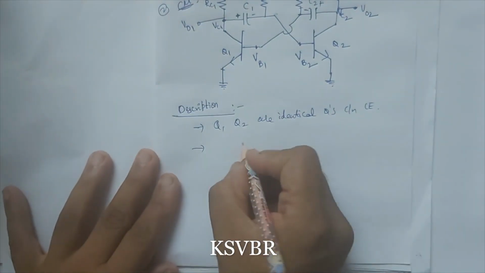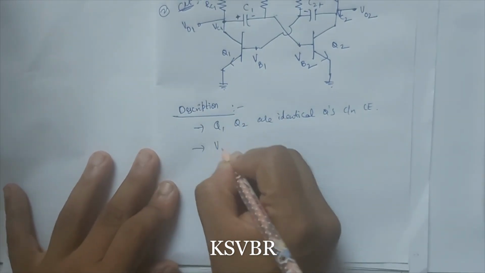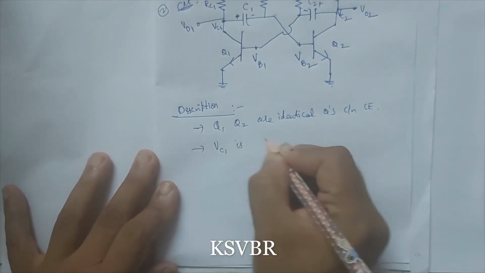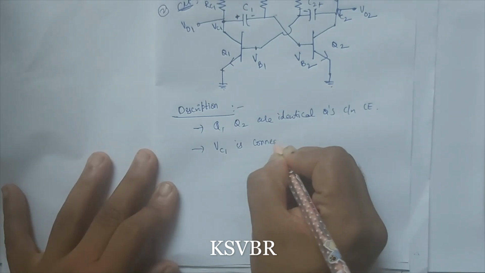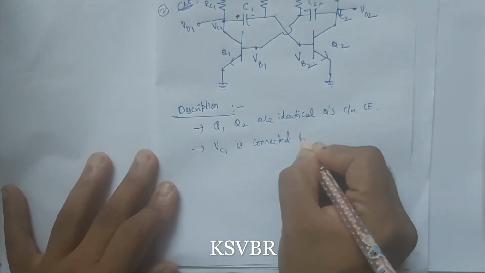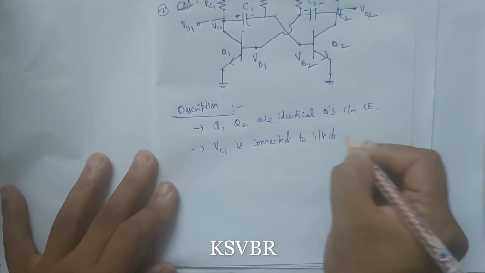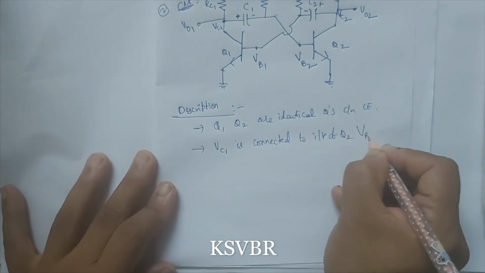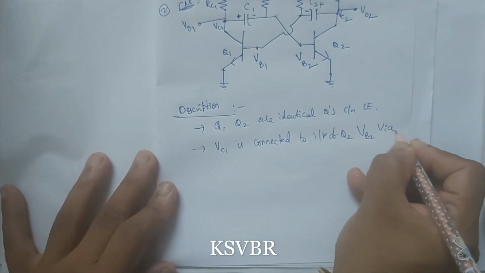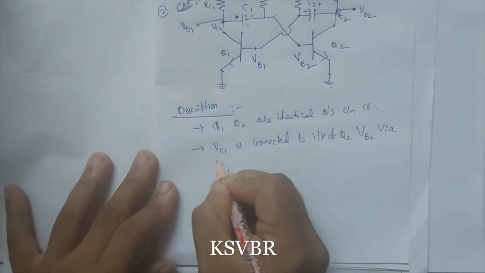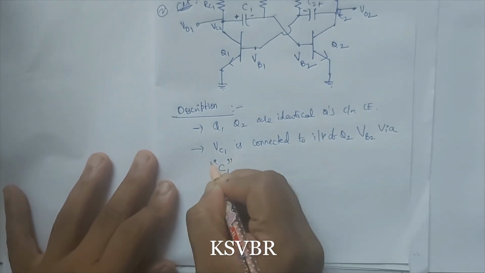The output of Q1, VC1, is connected to the input of transistor Q2, VB2, via coupling capacitor C1.